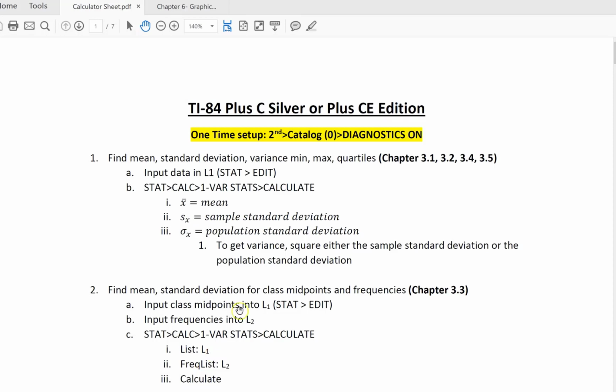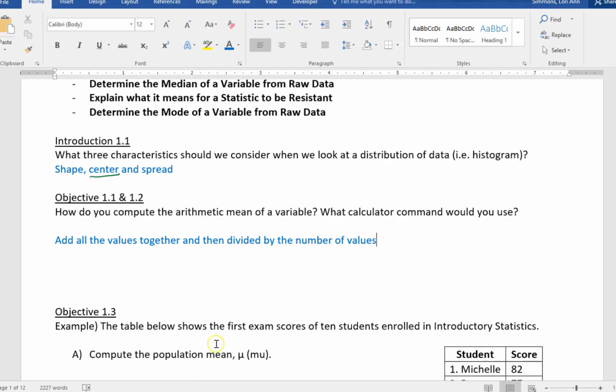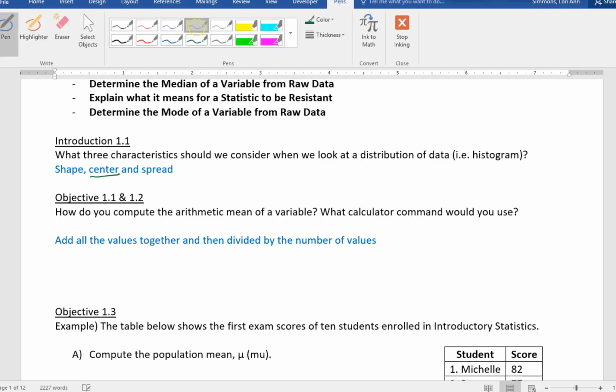So let me pull this up. If you want to find the mean, you're going to use this number 1. It also helps you find the standard deviation, variance, min, max, and quartiles. So let's just write number 1 here so you can refer back.